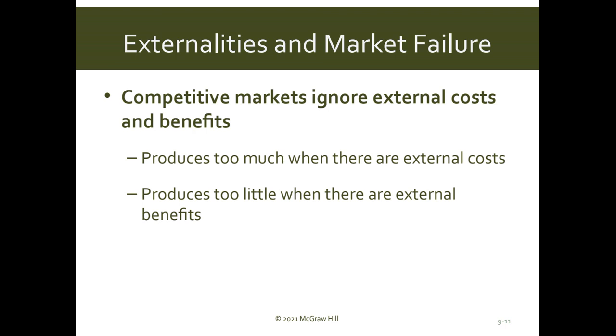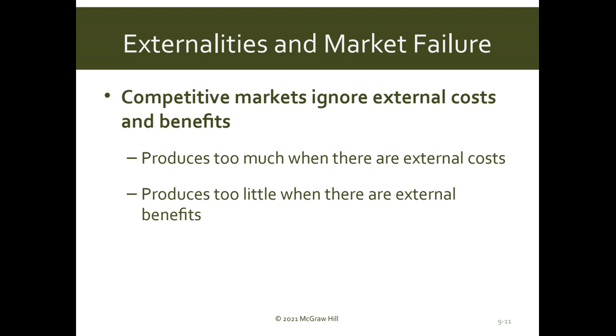But if there are externalities, then the markets for these products will either produce more or produce less than what is optimal. So this is written here: it produces too much when there are external costs, because producers are not incorporating those costs that are being imposed on others, on bystanders. Producers are actually producing more because they think the cost is less, because they're ignoring that external cost.